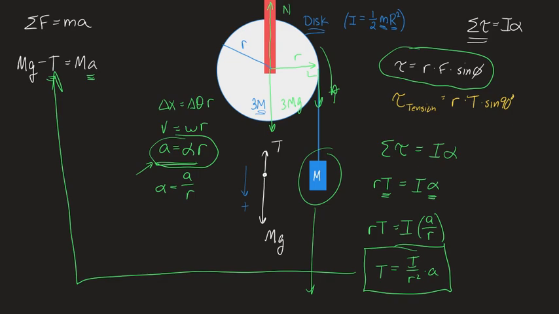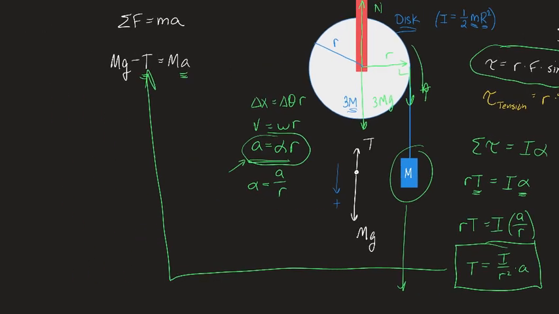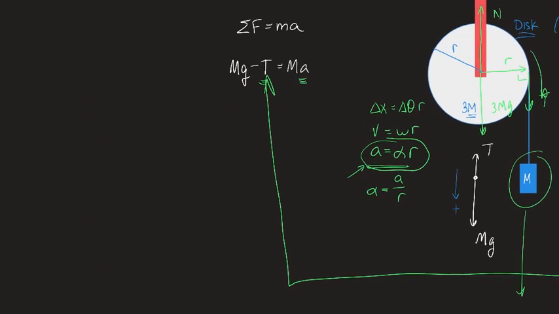I want you to see something. So I'm going to shift this off to the side so I have a little more room. And I'll get mg minus I over r squared A equals ma. I want to find the acceleration.